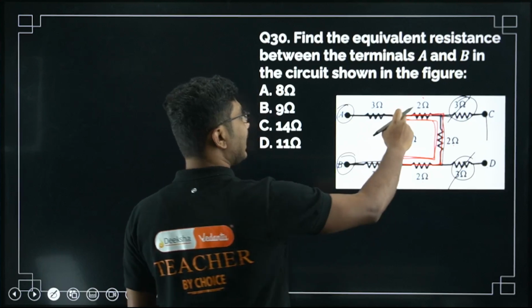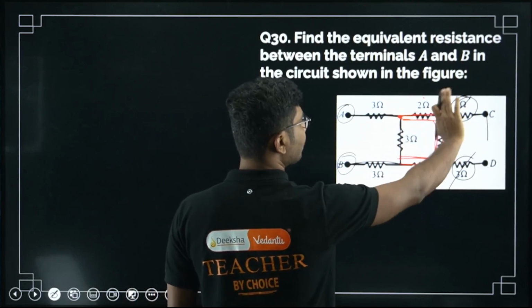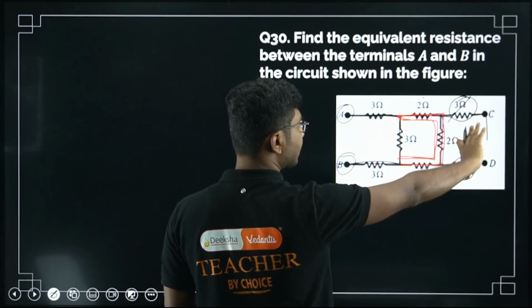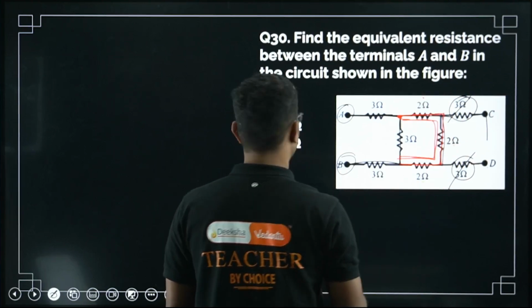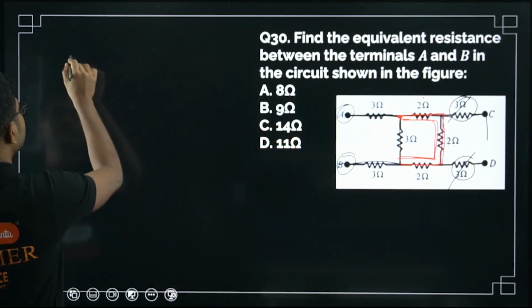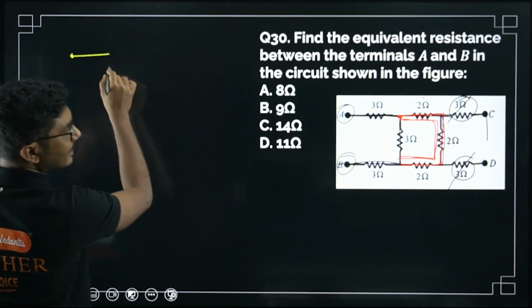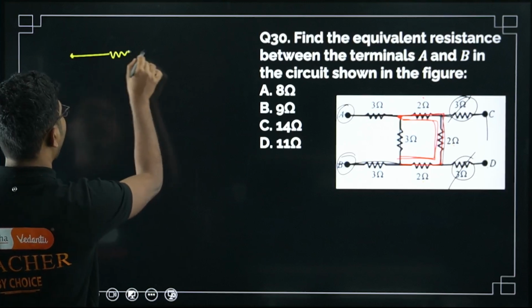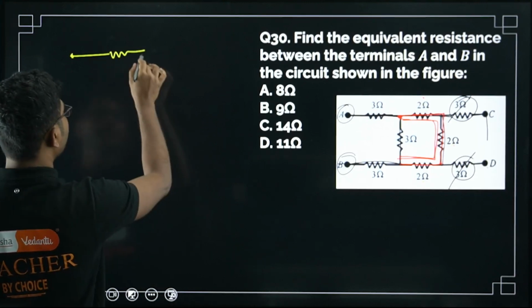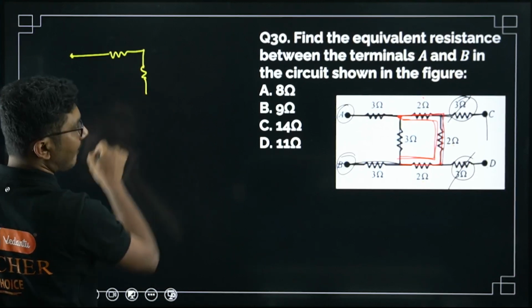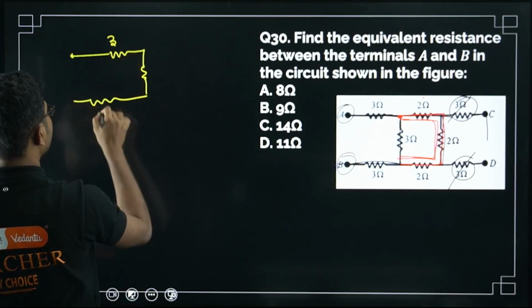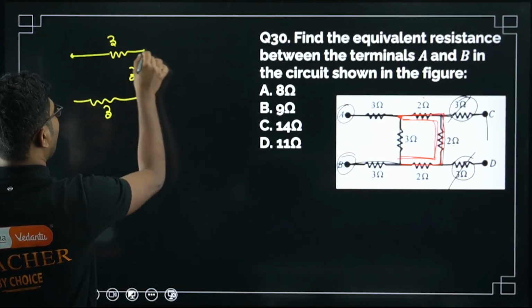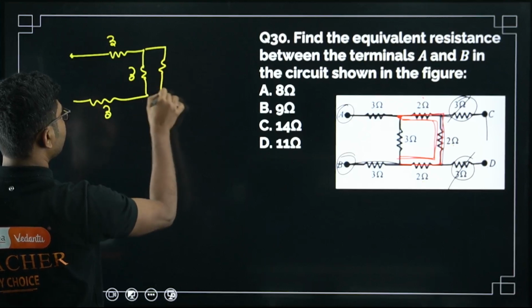These resistances are connected in series because we have ignored those two resistances. 2 plus 2 plus 2, that is 6 ohm, right? So this is A. There is a 3 ohm here, a 3 ohm here, a 3 ohm here. So 3, 3, 3, and here we have a 6 ohm.